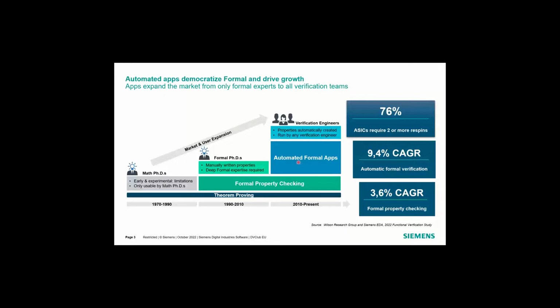The apps will go and create the checks automatically for you, and that basically takes formal into the hands of all verification engineers, and in a way democratizes formal and drives growth. And so we see a wide adoption, not least because it is now easier to deploy formal, but also many ASICs require 2 or more respins, making the justification for using formal a necessity in any project.